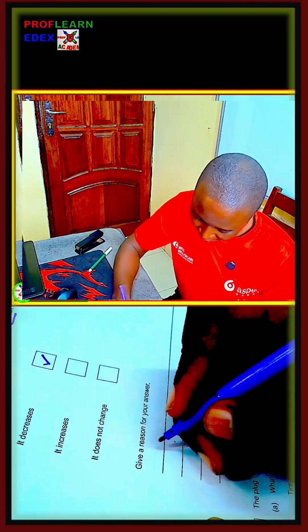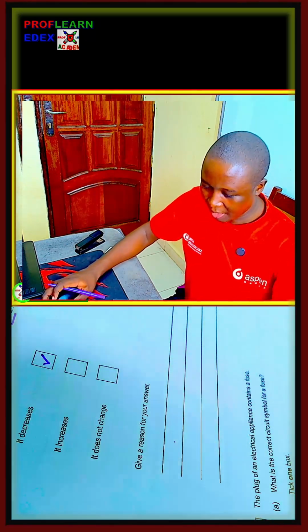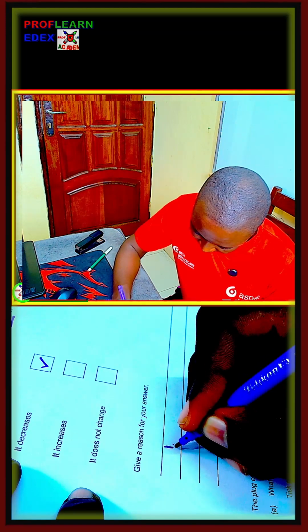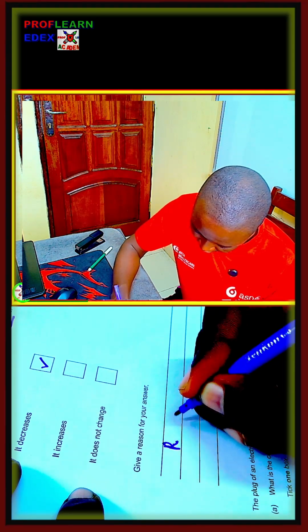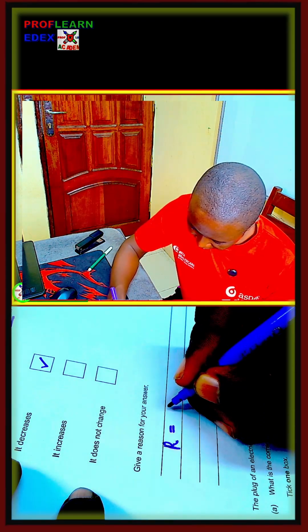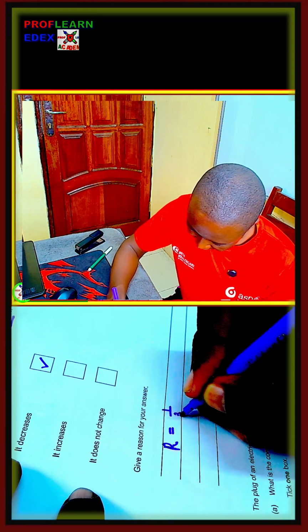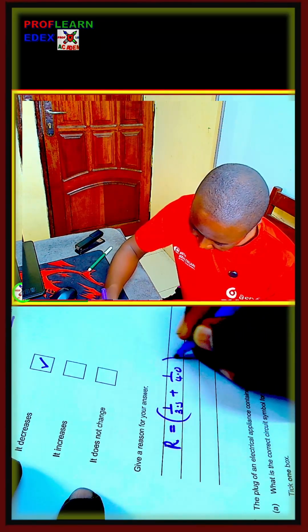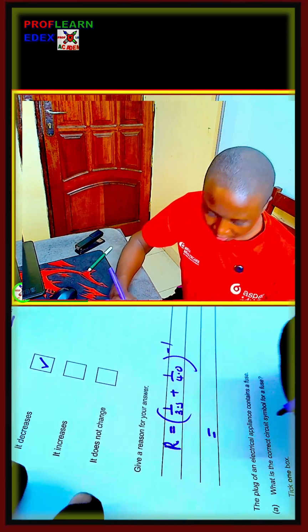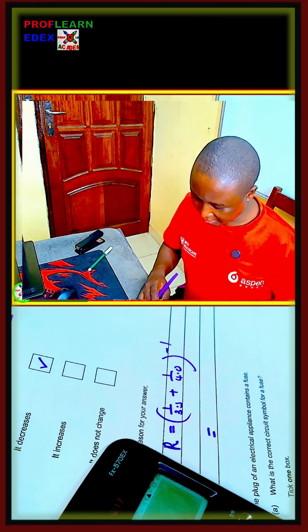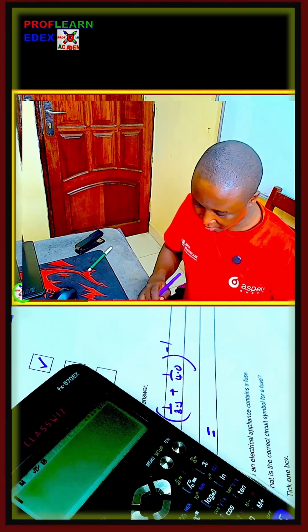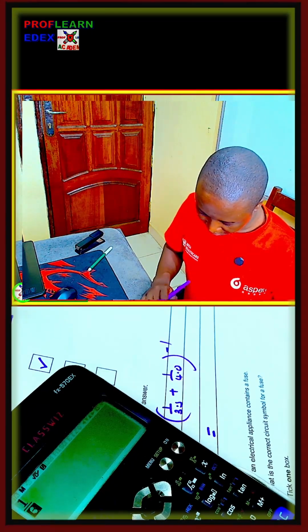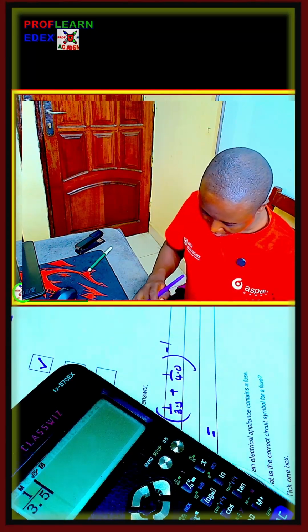Give the reason, because I want you to understand that the total resistance R total is going to be 1 over 3.5 plus 1 over 4.0, then to the power of negative 1. That is how you can work out this resistance.